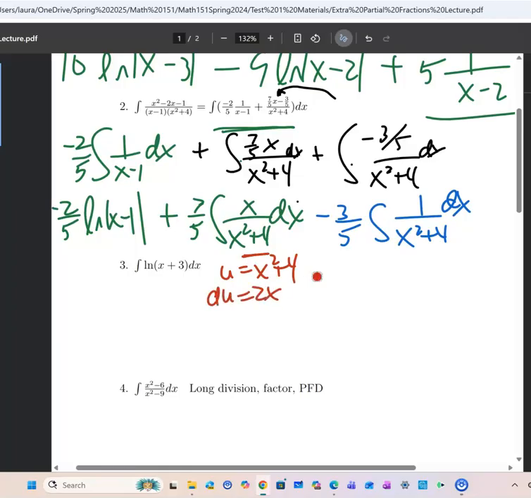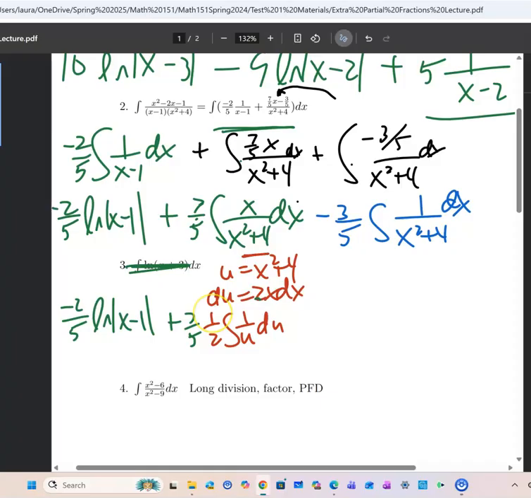du is 2x dx. So let's carry this along, scratch that out, negative 2/5 ln of x minus 1. So from here, I would carry along the 7/5, and I would get a 1/2 in 1 over u du. Okay, this one here, I think you recognize this arctangent.